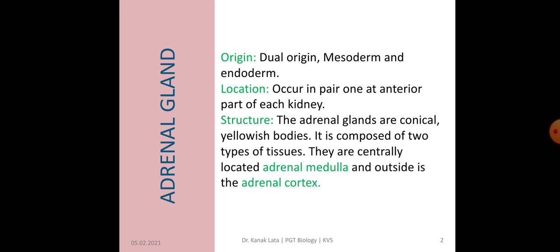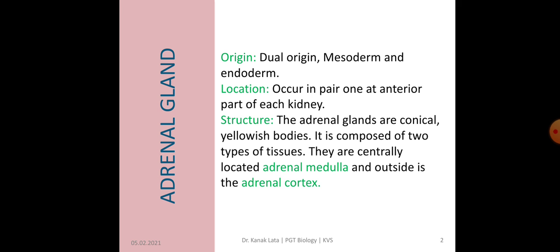First of all, we will discuss about the adrenal gland and their secretion. Adrenal gland is of dual origin, that is from mesoderm and endoderm of embryo. The adrenal glands are paired glands and placed on the top of the kidneys. They are conical bodies.